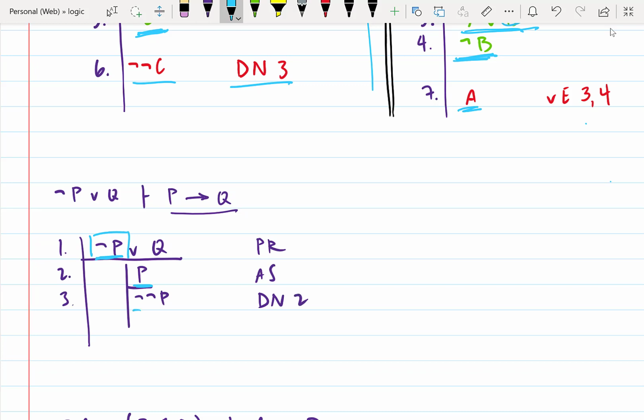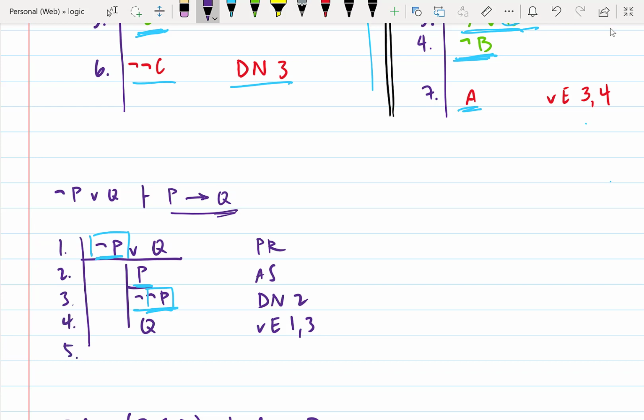Okay, so now what I have here is the negation of not P, which is not not P. So that means that on a new line, I can put Q, and that's going to be wedge elim, lines 1 and 3. Now I have the consequent of my conditional.